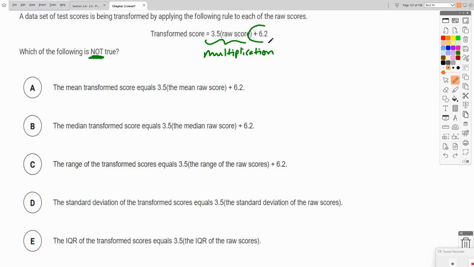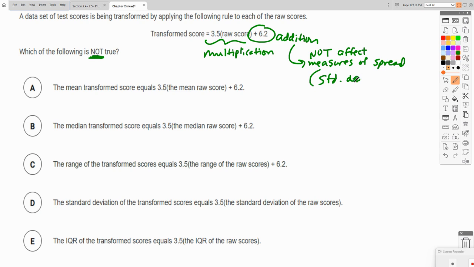There is also addition going on in here. And addition does not affect measures of spread. So standard deviation, IQR, and range.